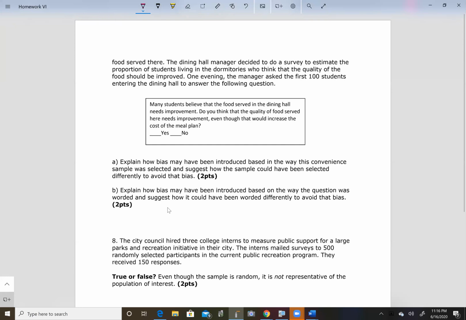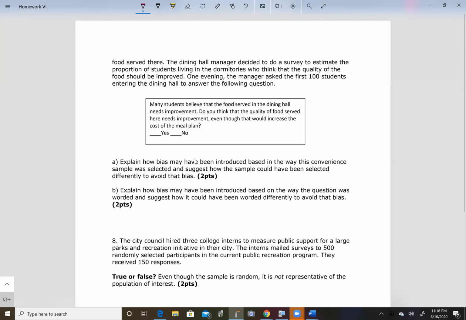Question A says, explain how bias may have been introduced based on the way this convenient sample was selected and suggest how the sample could have been selected differently to avoid bias. So one random evening, he surveys the first 100 students entering the dining hall, okay?